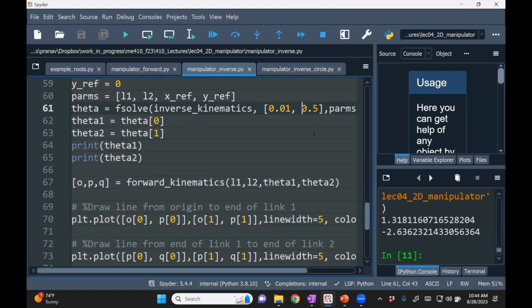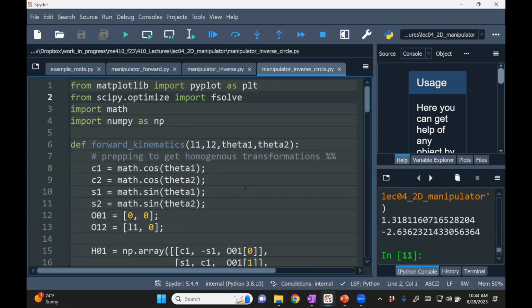Okay, now we can take this a step further. When you see a manipulator doing things like drawing, all you need to do is tell the manipulator it needs to move its end effector to different points along whatever curve you wanted to trace. So I took the same code, but I said, now I want you to place the end effector at different reference positions in order to trace a circle.